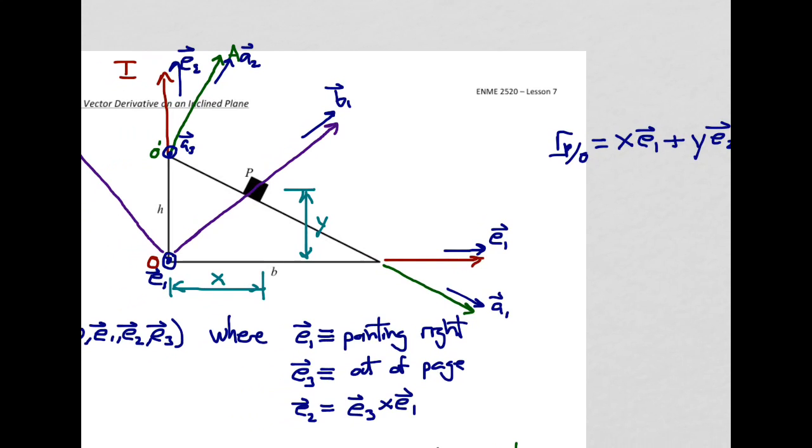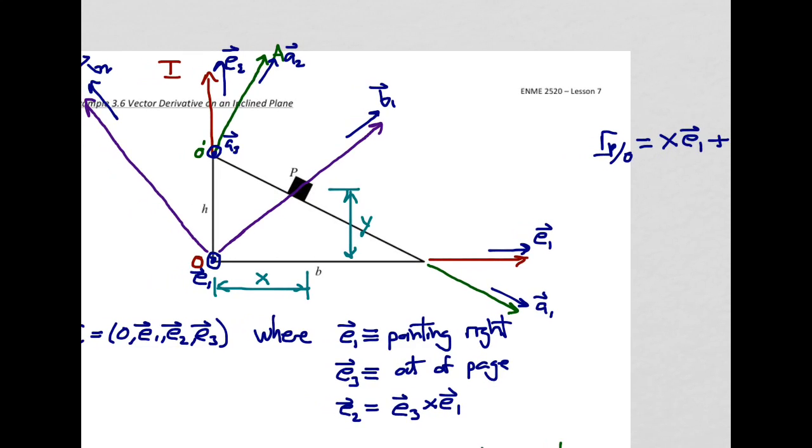Remember, we can also define this in polar coordinates within that reference frame. And for the polar coordinates, we need to have an r and a theta. And so r is defined as the distance from O to P, the direct distance, and then theta is the coordinate that's describing the angle of that radius, that radial line.